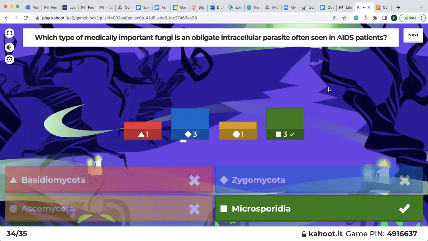Really interesting thing. Obligate intracellular parasite. Not Zygomycota. Zygomycota is black mold. So it is medically important, but it is different, not an obligate intracellular parasite.